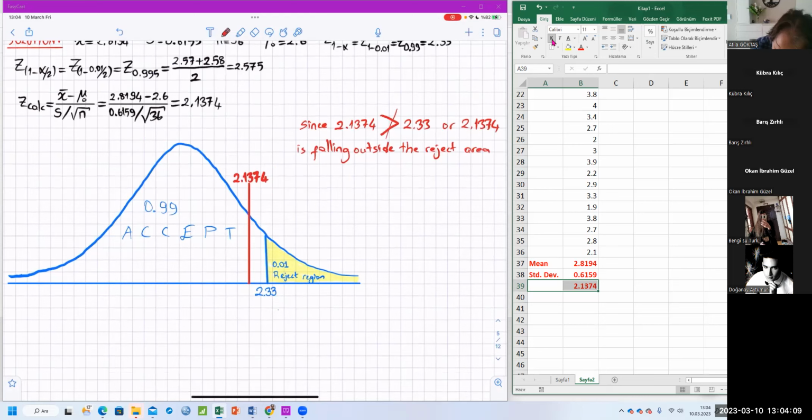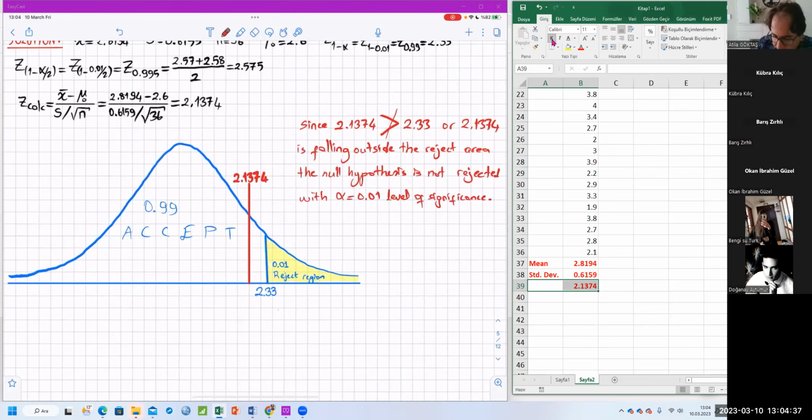The null hypothesis is not rejected with alpha 0.01 level of significance. So that's our conclusion.